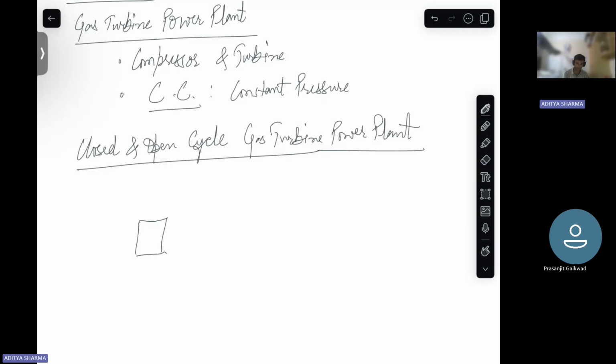It is basically like this here. If you have a compressor, then here the combustion chamber, and here the turbine. You see, this is the compressor and this is the turbine.